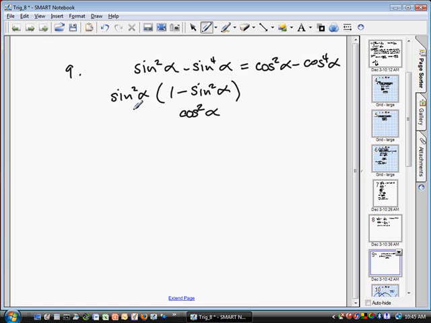Wouldn't it be true that sine squared is equal to 1 minus cosine squared? Okay, well, isn't that perfect? Let's plug that in. Replace the sine squared here. And what happens when you multiply it out? Ta-da! We're done. Okay, that one wasn't very hard either.